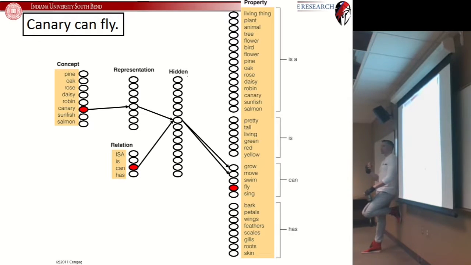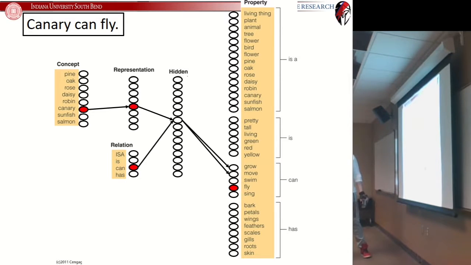So connectionist networks learn the same way that we seem to learn. Connectionist networks make the same mistakes that we tend to make. Connectionist networks learn quicker after they have connections already established in them, right? So it's the same thing with us. The more you learn about canaries, the more you can learn about canaries. And it's the same thing here because it takes advantage of connections that are already existing and it just has to build upon those connections.